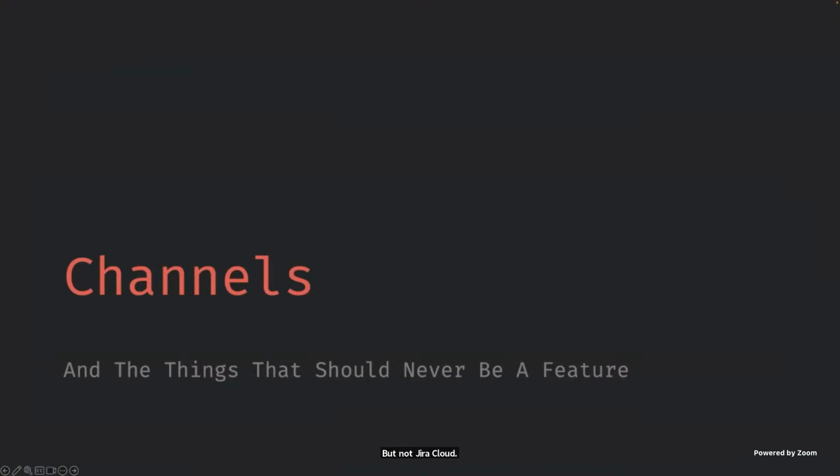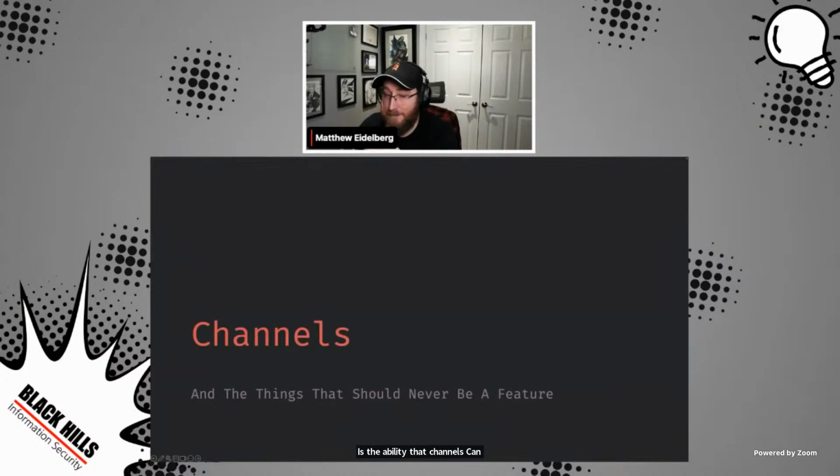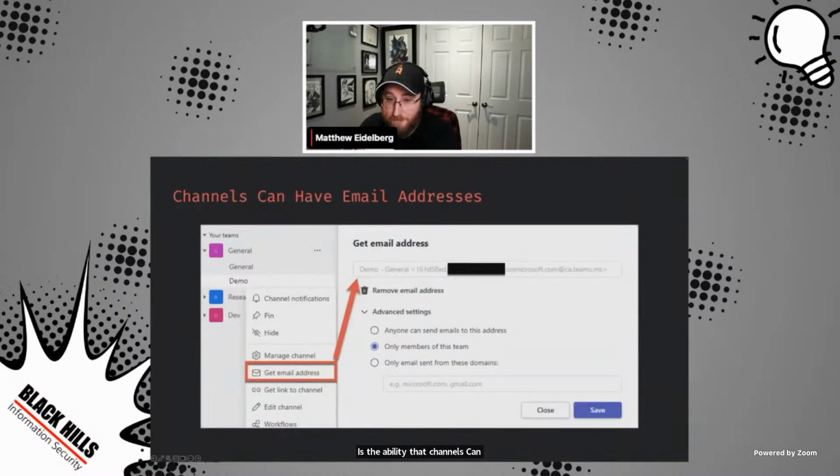The other thing I discovered, which I dub as something that should never be a thing in an environment, is the ability that channels can actually have an email address. There's an actual GUI button that says get email address, and it creates an email address for that channel.